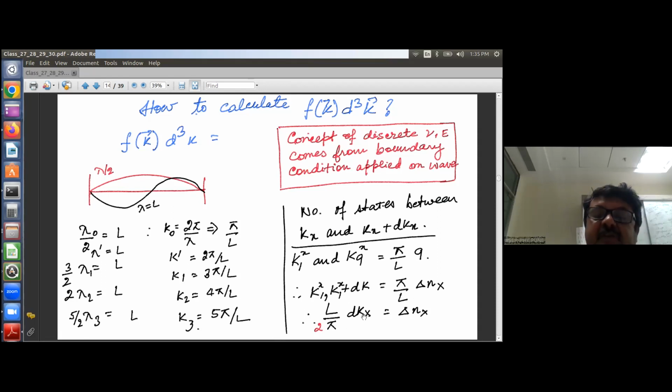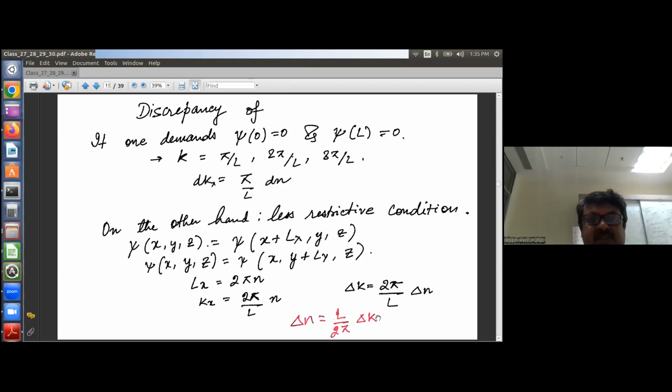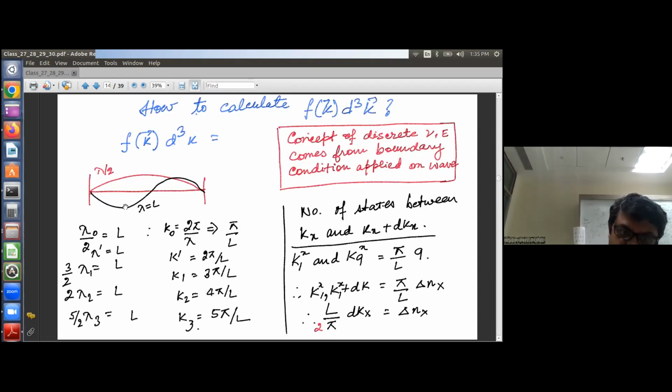Now, if you choose a different boundary condition, then you can also get delta nx equal to L by 2 pi into dkx. And what is the scenario corresponding to that?